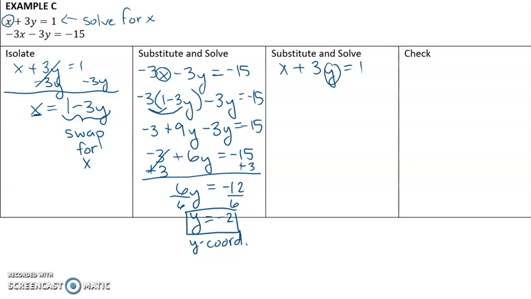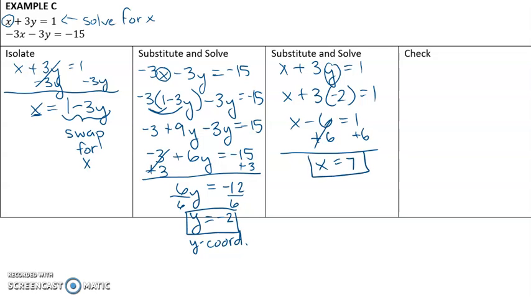Wherever y is, I now know it's negative 2. So x plus 3 times y, which is now negative 2, equals 1. Solve for x. This is 3 times negative 2 is negative 6. Zero out that negative 6. We get x equals 7. Okay, so that should be my x coordinate.